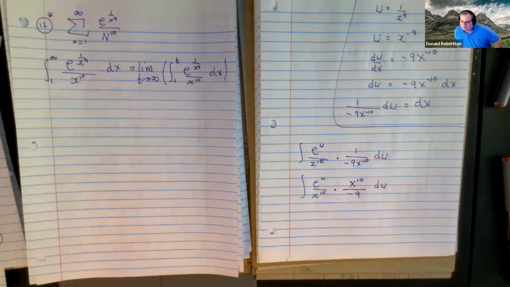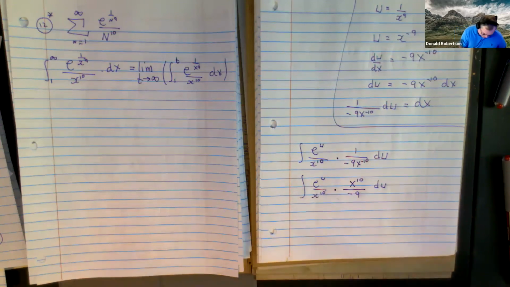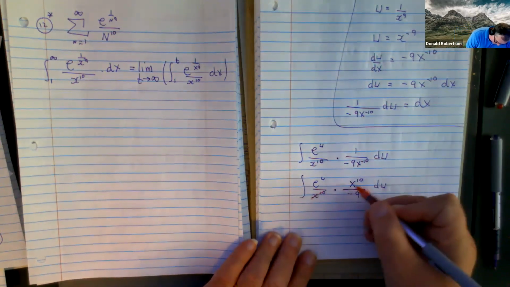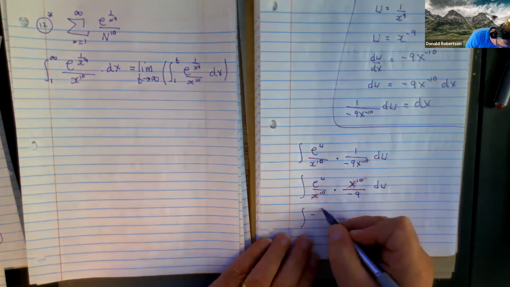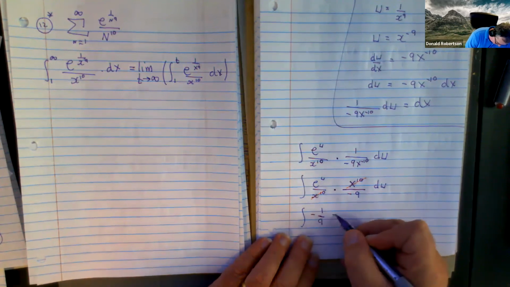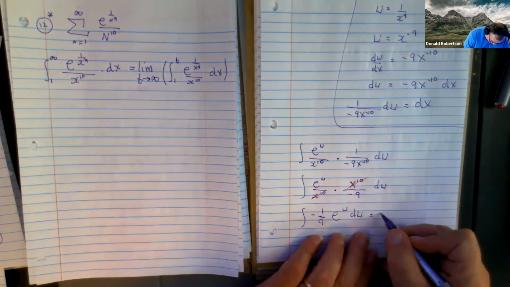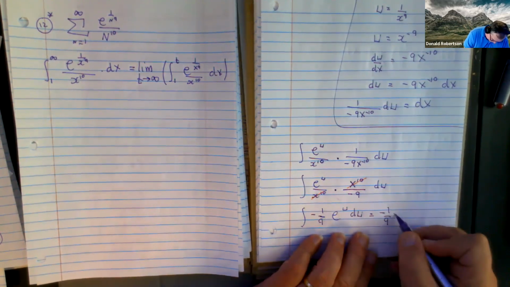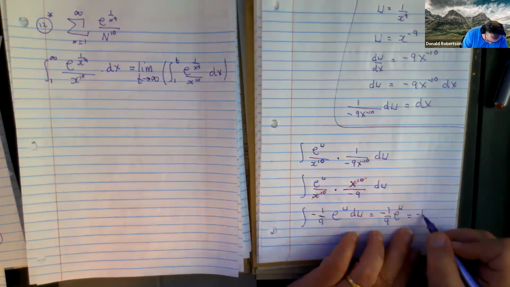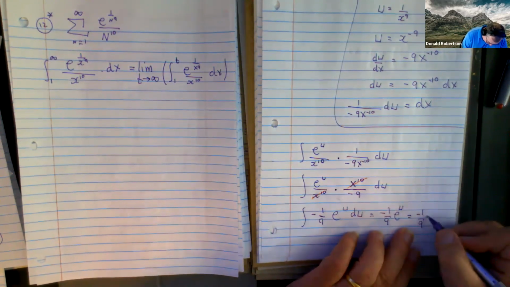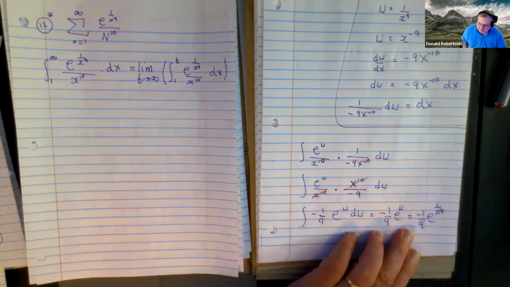You agree? Negative power on the bottom, positive power on the top, which means we get a cancel. So we now have negative 1/9 e to the u du, which integrates really nicely as that, which then becomes, when you turn the u back into the guy, that guy.